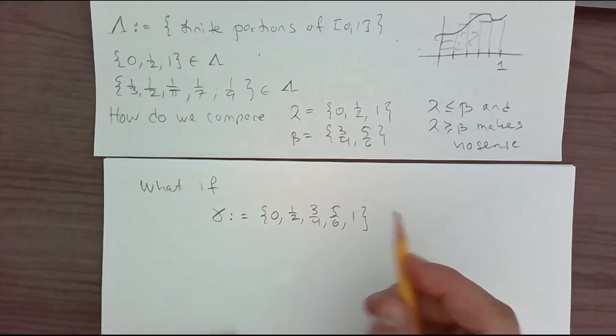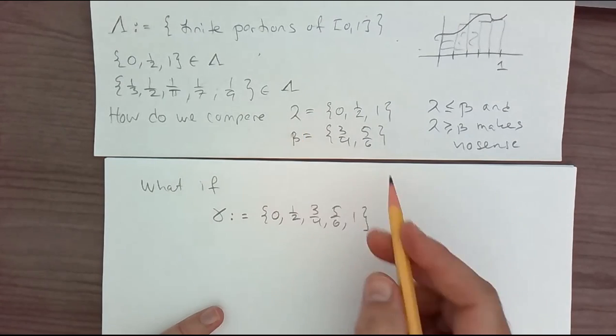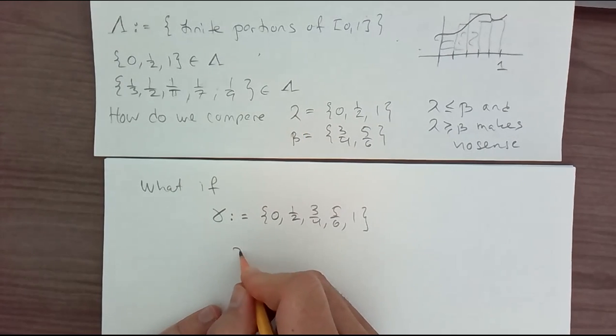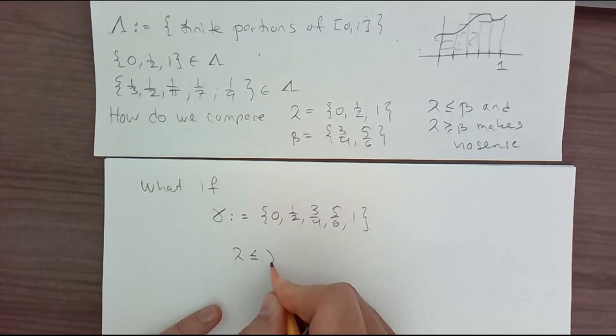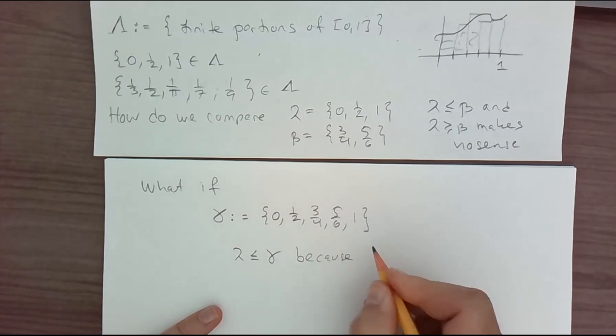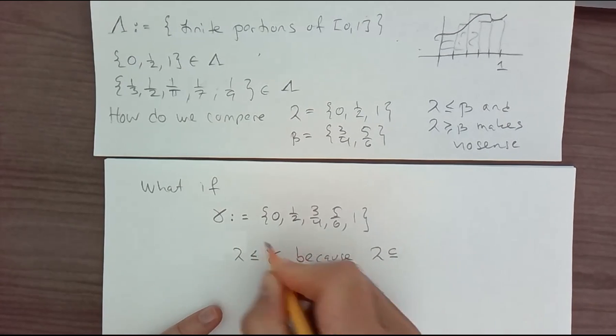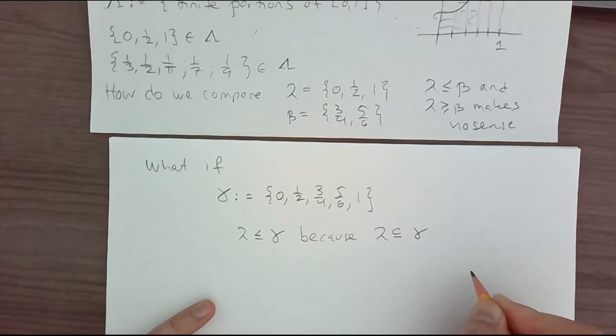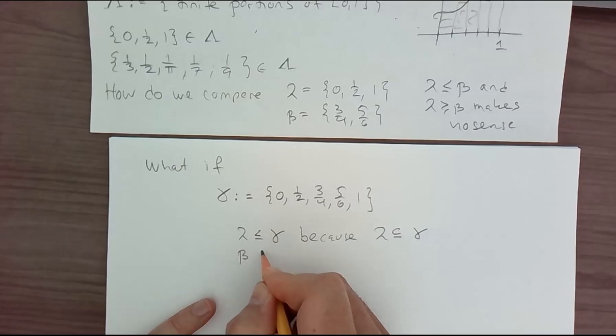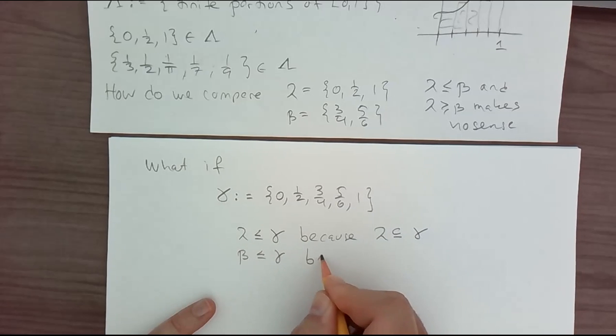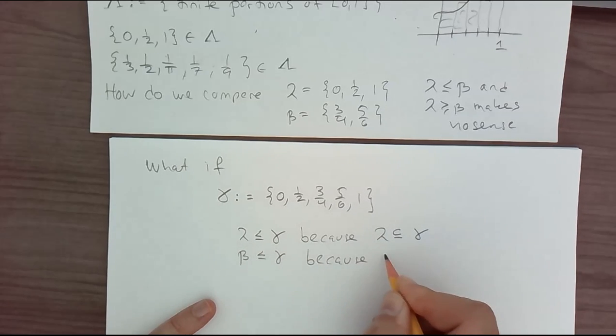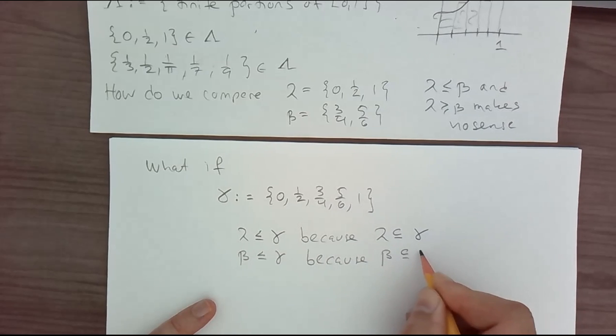What would we then say? Then we would say that lambda is smaller than gamma, because lambda is a subset of gamma. We will say that beta is less than gamma because beta is a subset of gamma.